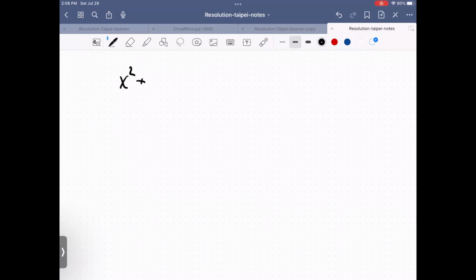Yeah. So you want 2, 1, 2. So s x prime equals x, s squared y prime equals y, and s z prime equals z.